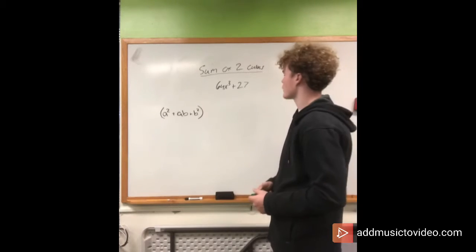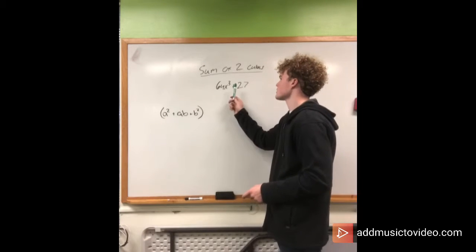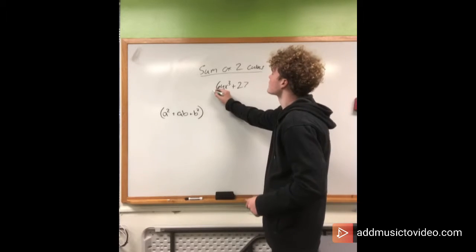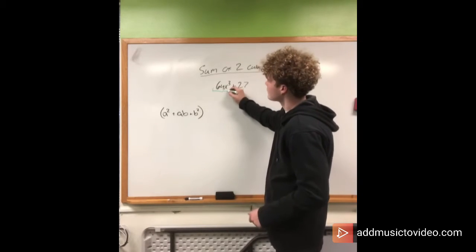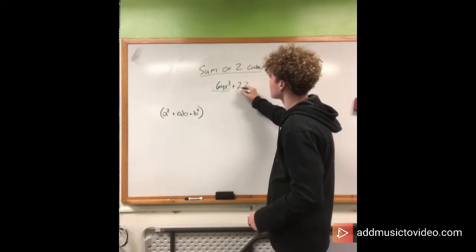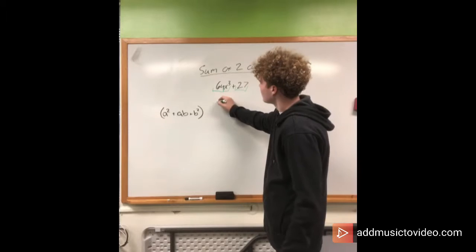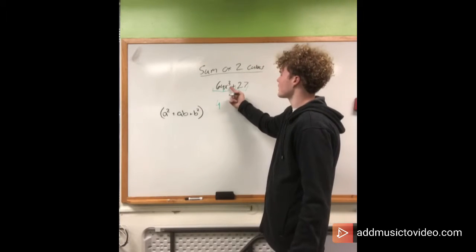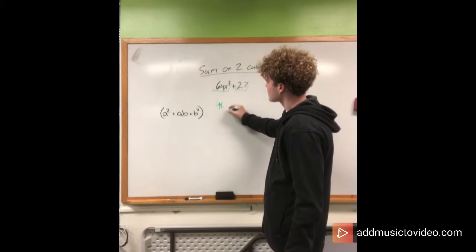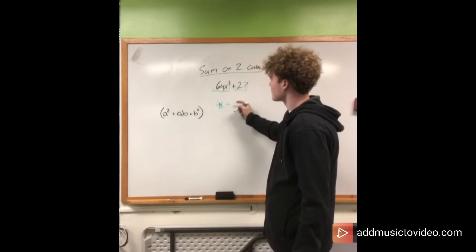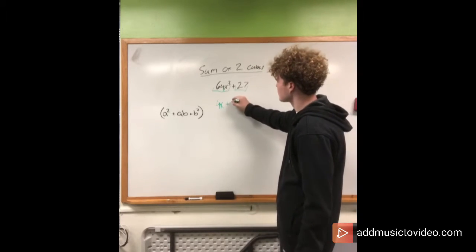Next is a sum of two cubes. First you would get your equation, which is 64x cubed plus 27, and since this right here is a cube, the x is a cube root, and so is the 27. The cube root of 64 would be 4, and the cube root of x cubed would be x, and then you get the same sign, which should be plus. The cube root of 27 is 3.